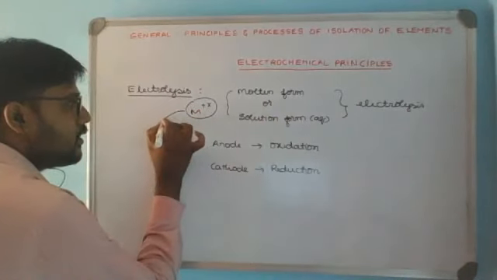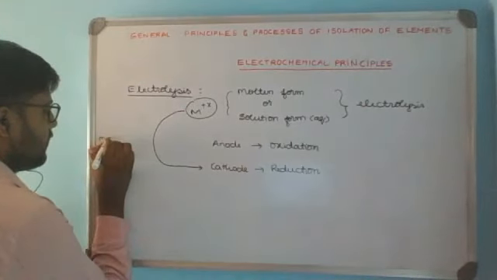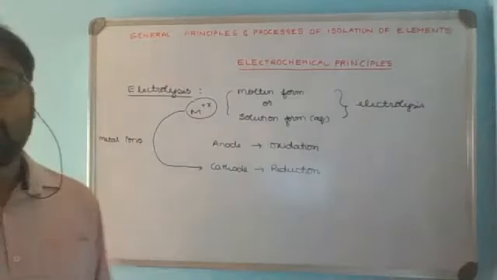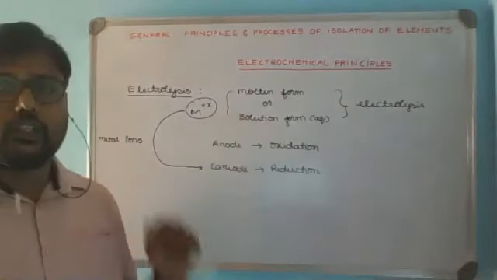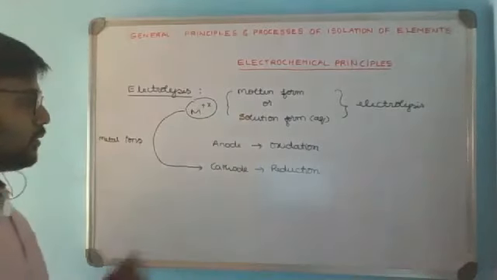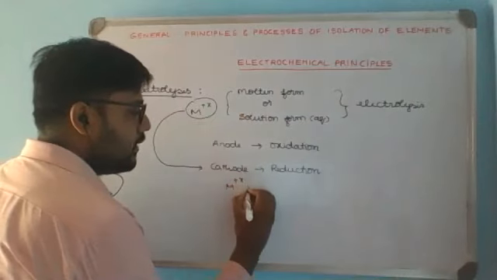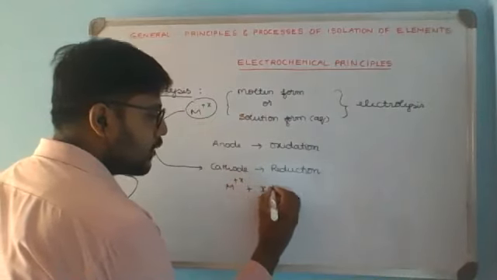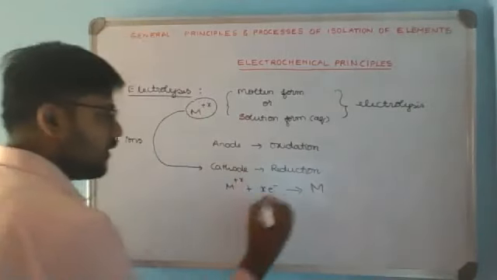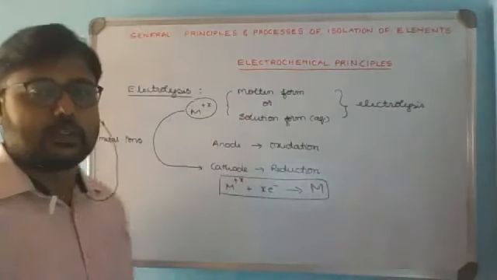The metal ions present in the molten form or in the solution form move towards the surface of the cathode. Near the cathode, the metal ions will gain x moles of electrons and get reduced to metal. So this is how the reduction of metal takes place on the cathode surface.